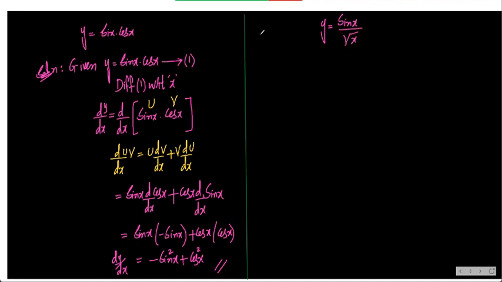We have to differentiate this function. So selecting a solution, your first step will be: y is equal to sin x by root x. The numerator is a function of sin x, the denominator is root x. This is equation number one.